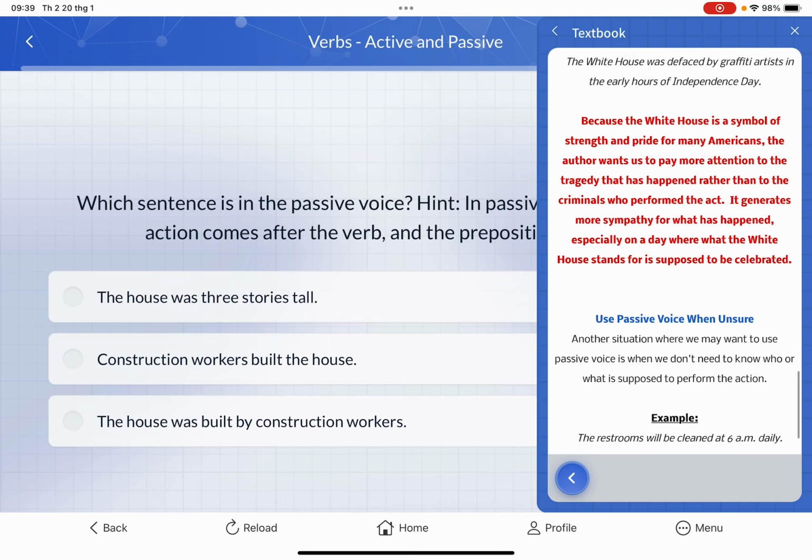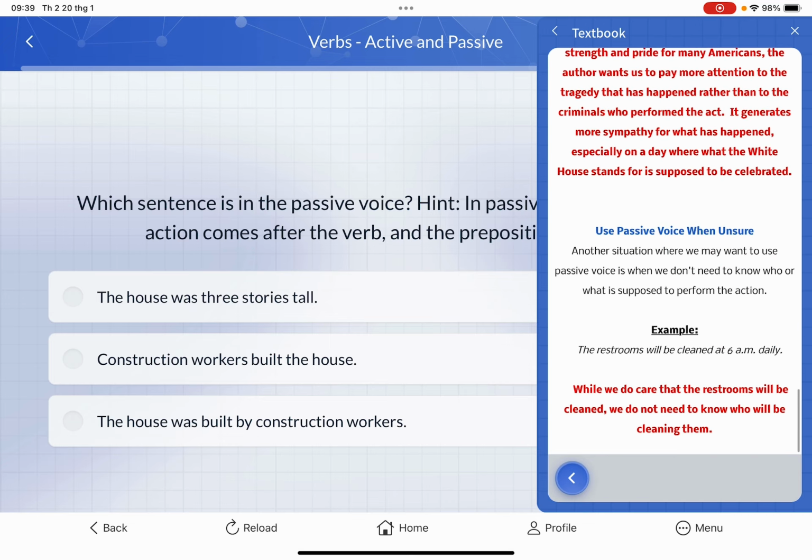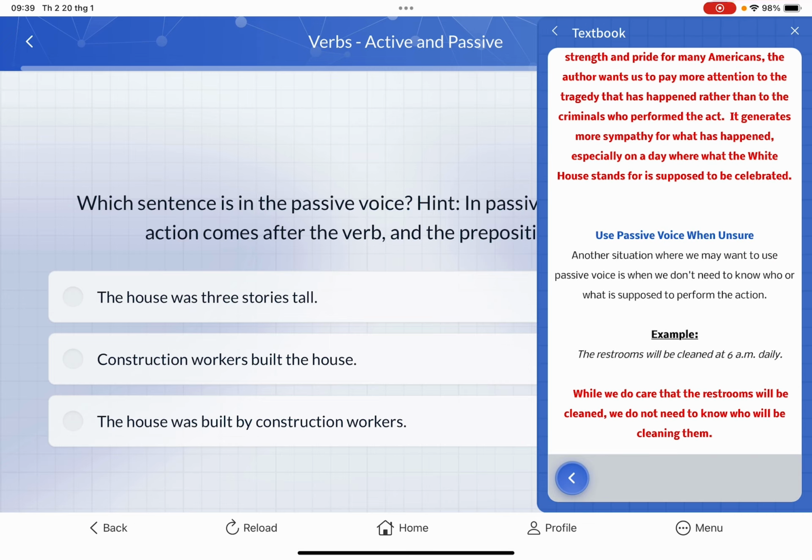I know that active voice is easier to use. However, we should use passive voice when we are unsure about something. Another situation where we may want to use passive voice is when we don't know who or what is supposed to perform the action. For example, the restroom will be cleaned at 6 a.m. daily. You see here, we don't say who is cleaning.